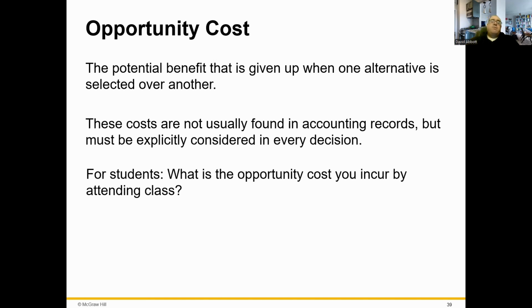So you're not able to work, or maybe work as much, because you're going to school. Or maybe you want to go and play football or basketball right now, but you're having to sit down and do your schoolwork. So that would be an opportunity cost. What are you giving up to do a certain thing?